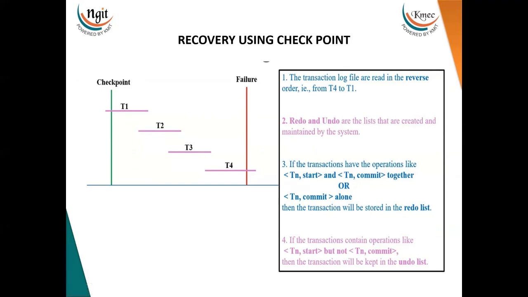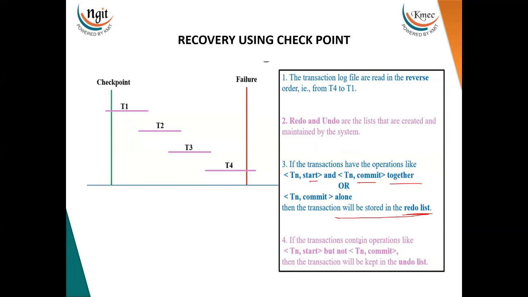Let us see. If the transaction has operations like Tn start and Tn commit together, or Tn commit alone, then the transaction will be stored in the redo list. If there is any transaction only with the commit state, all those are stored in the redo list.